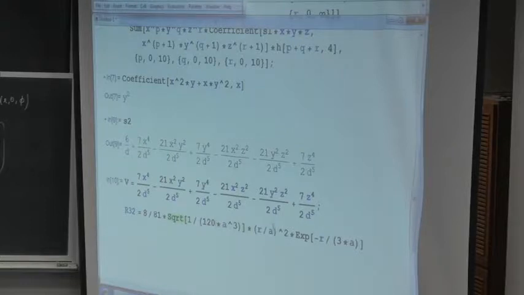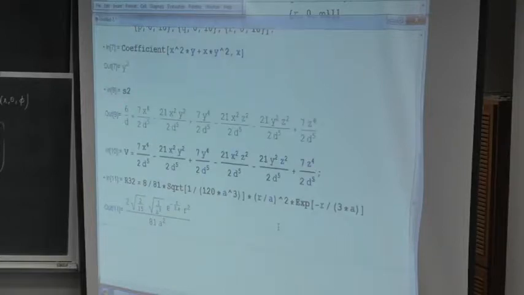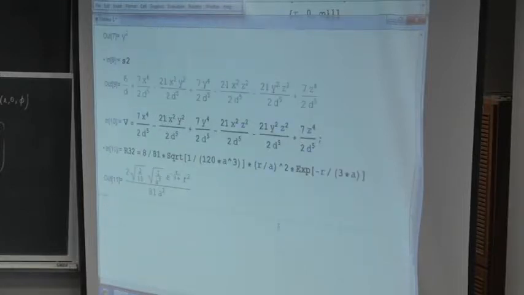This is my r. Okay, this is the radial part of the wave function for the 3D orbital. Now each one of these is being multiplied by a spherical harmonic.